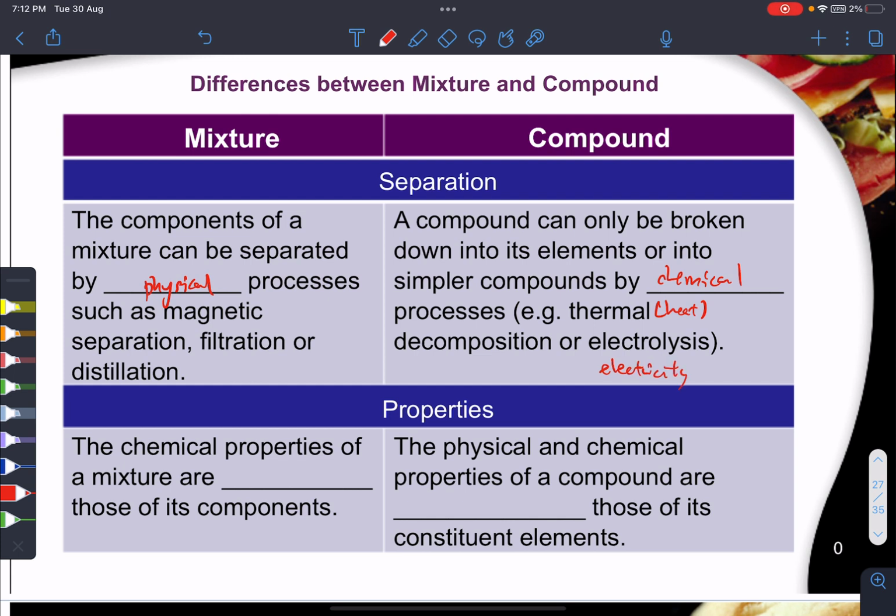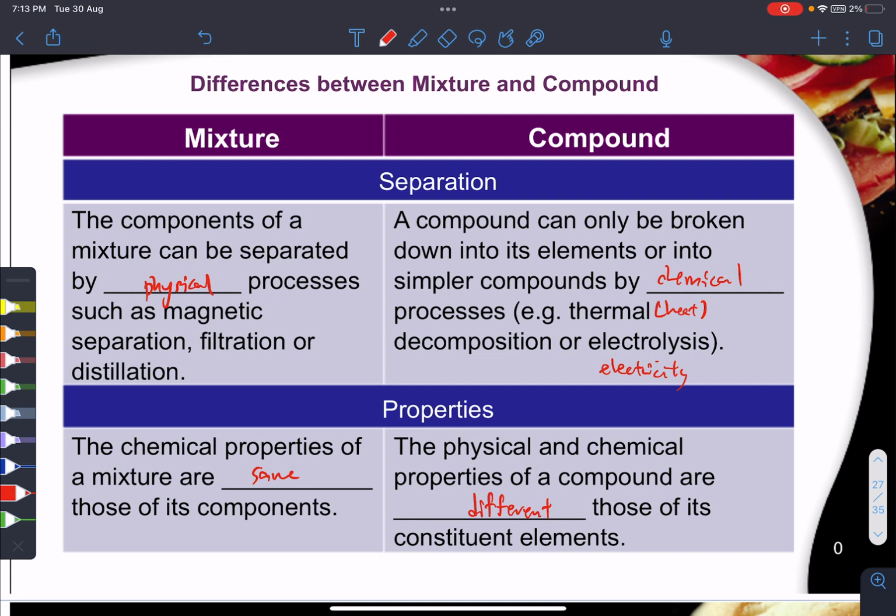It's not so easily broken down anymore. The chemical property of a mixture stays the same. If you take sodium chloride and sand mixed together, we still have sodium chloride property and sand property, because they don't react, it's just mixed together. But for a compound, the new compound will have different properties.